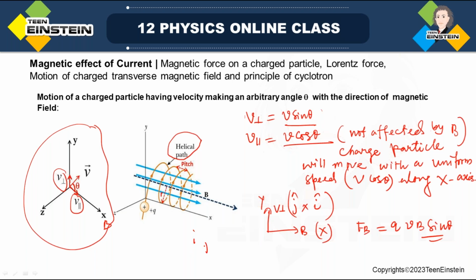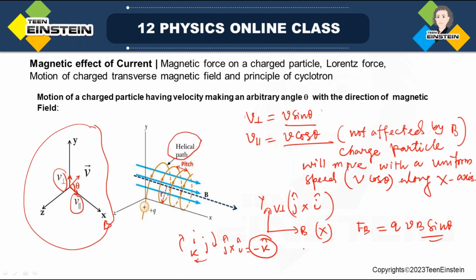So, I J K, this is cyclic order. J cross I will give you minus K. So the force will be acting in the negative Z direction, as you can see.